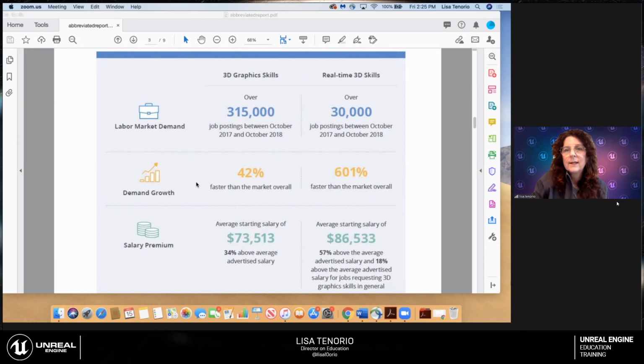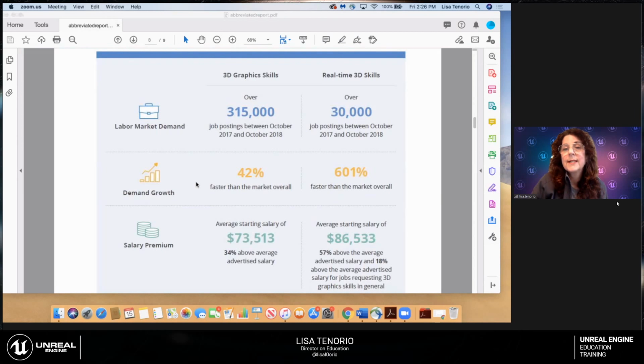But then you look at the subset of 3D graphics jobs that ask for some real-time 3D skill. And that's where the growth is just crazy astronomical. So real-time 3D skills represented about 10% of all 3D graphics jobs in 2018, and that is projected to grow 600% faster, as I said, over the next 10 years.